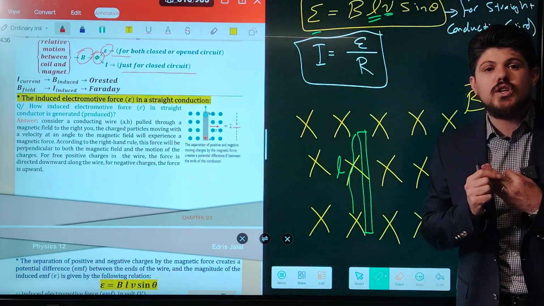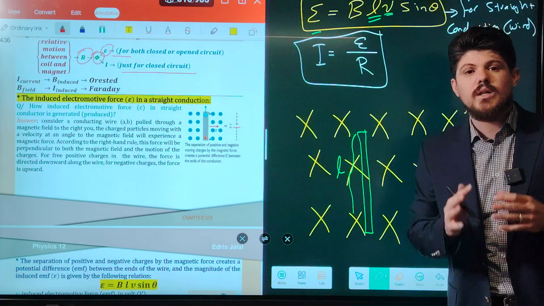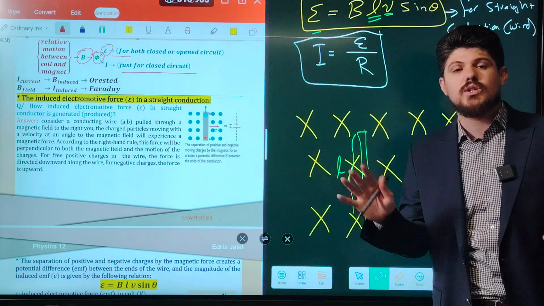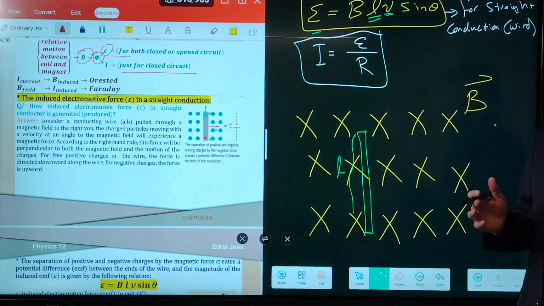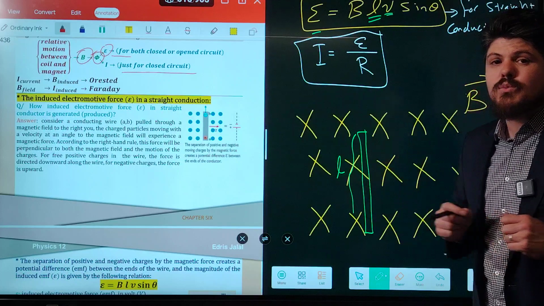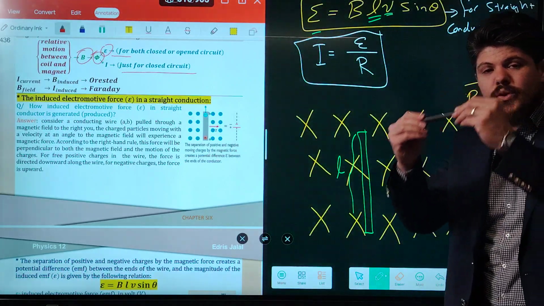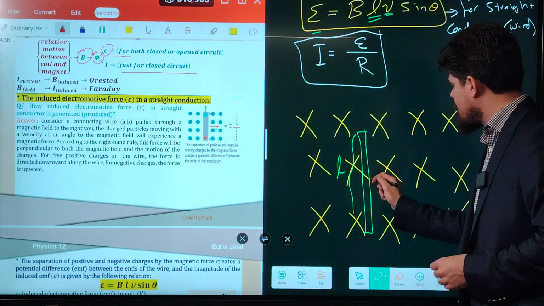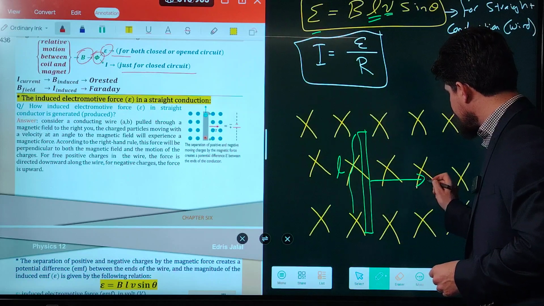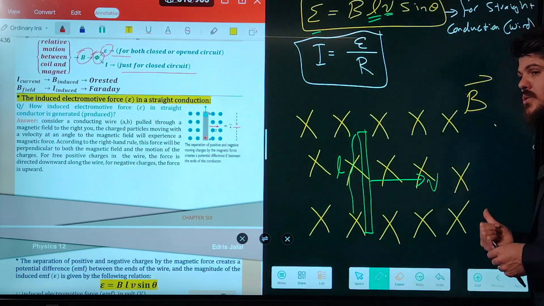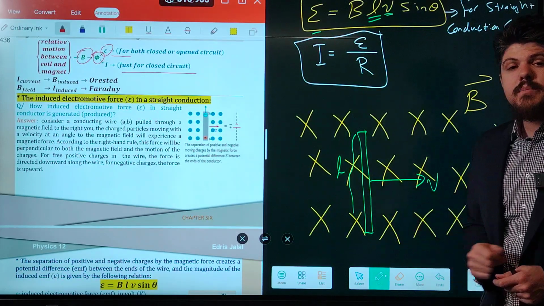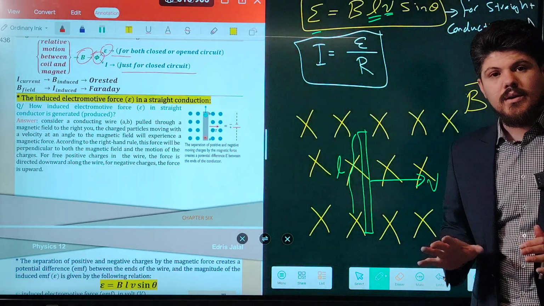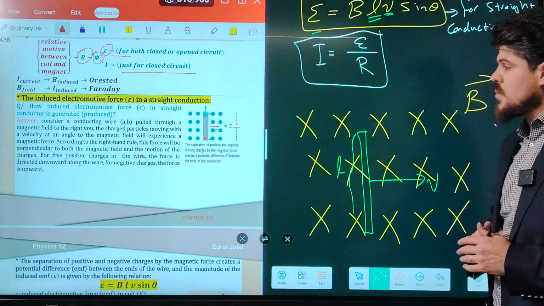And the conductor must be moved. If the conductor is at rest, there will be no electromotive force and no current. But if the wire is moving into the magnetic field, like for example in this direction, EMF is created in this wire.